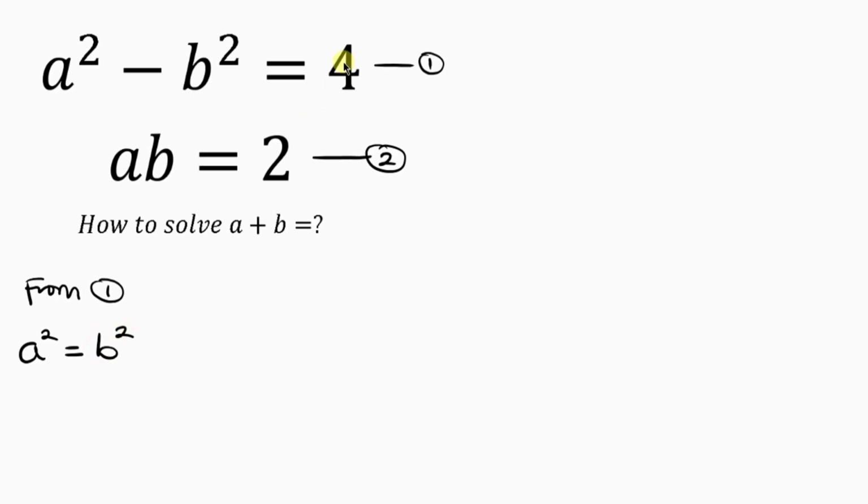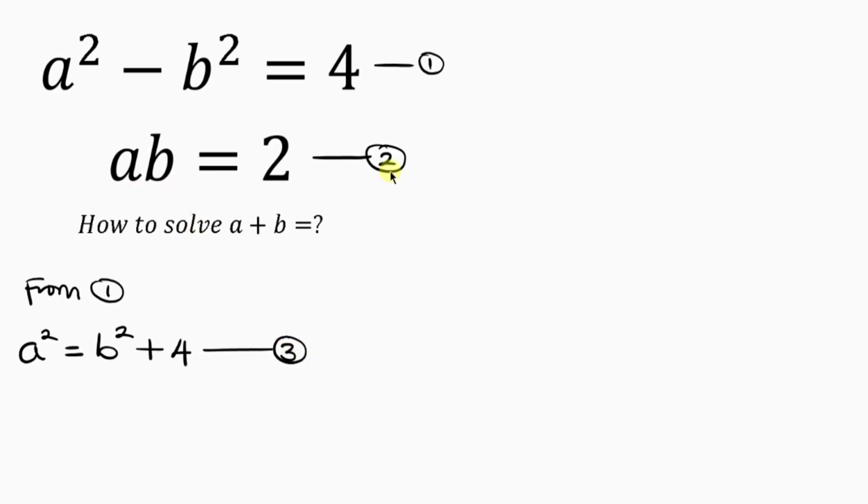And remember, I've already got plus 4 on the right, so I'm going to be including that plus 4. So you notice that I have moved negative b squared to the right, which is what I have here. And now let's call this equation 3.